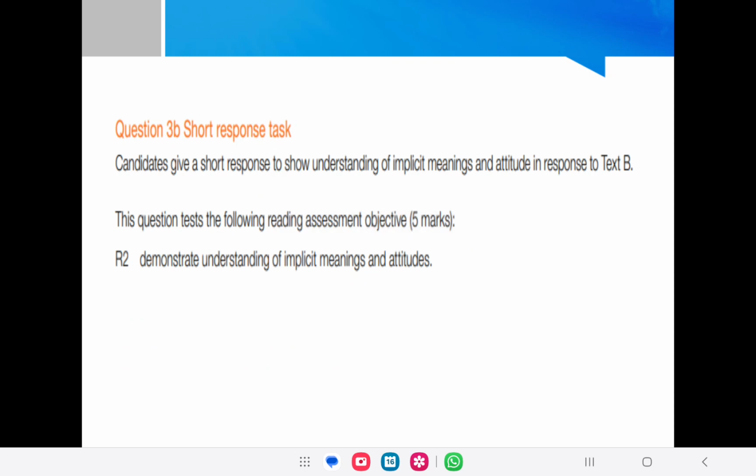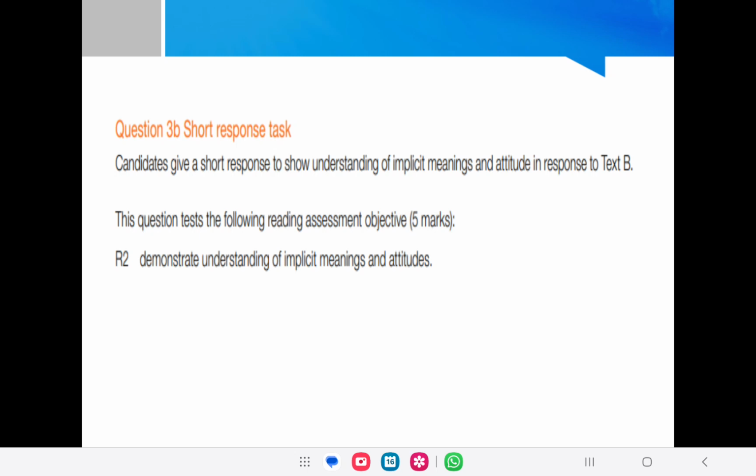So this was the syllabus review of P1. Just a recap: in P1 we have 2 hours for doing the paper. We have 50 marks in it. In 50 marks we have two topics: comprehension and use of language, and summary writing and short response.